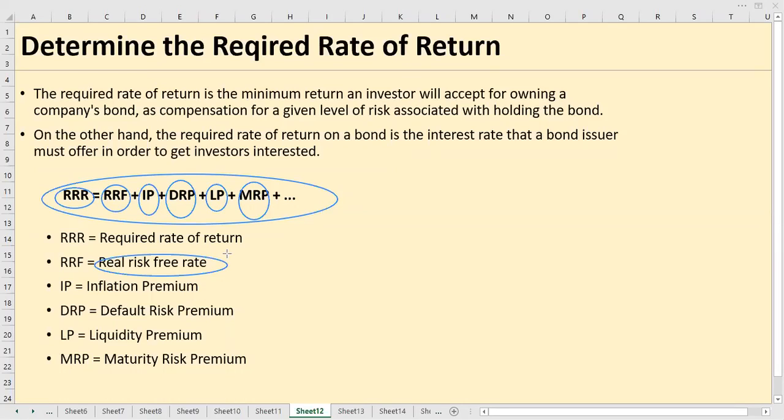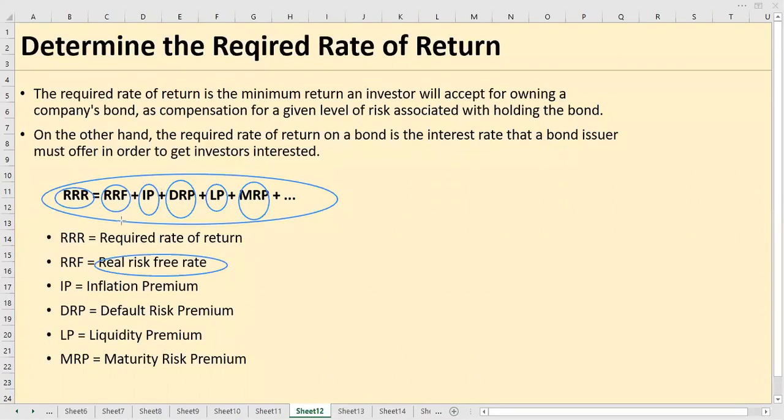We don't have default risk anyway. We don't have a liquidity premium because it is government, so we can always sell it. And we don't have a maturity risk premium either, since it is 3 months. So normally, to approximate the risk-free rate in a country, we can take the 3-month treasury bill rate, right? The 3-month treasury bill rate.